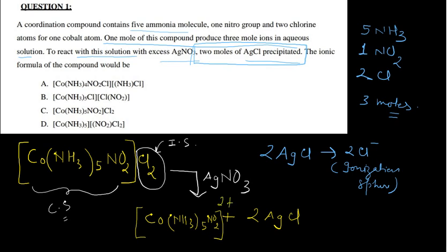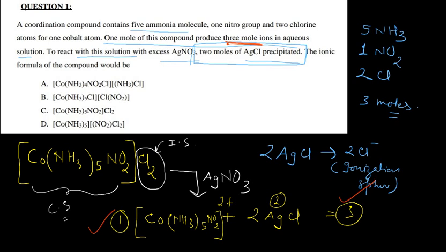So how many ions are you getting in the solution? 1 of this and 2 of this. So a total of 3 ions, and this is what your question says, right? 1 mole of this compound produces 3 moles of ions. So these 3 moles are this one.